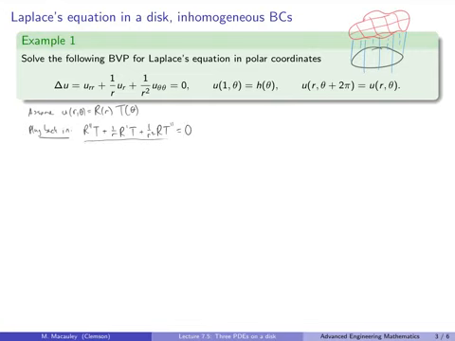Now let's divide both sides by 1 over r squared times R T. I don't need to do that on the right because we have 0. Let's do it term by term.